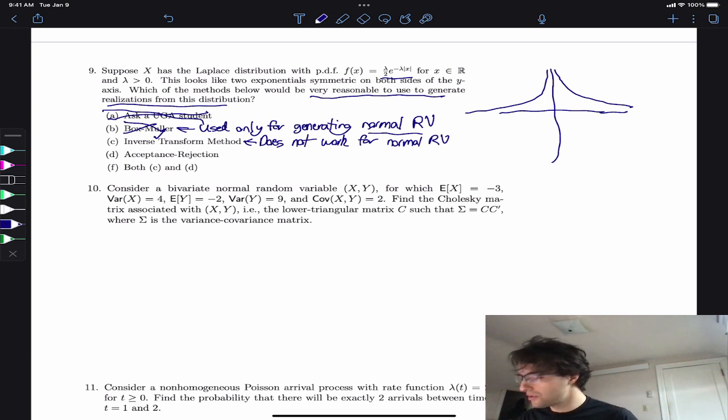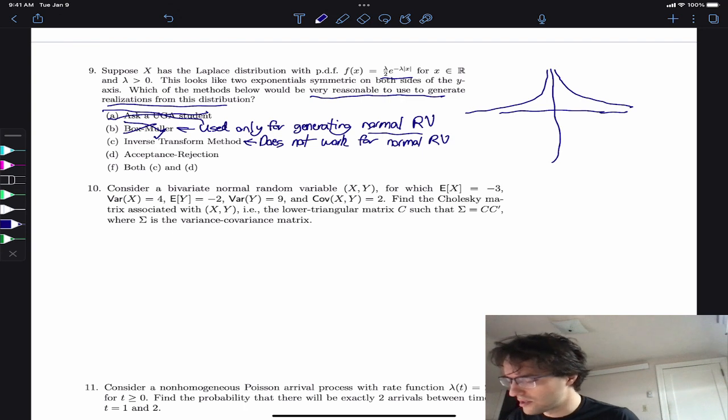You can also use acceptance rejection even if the PDF is pretty simple, and that works great as well. But it is definitely more widely used if the PDF is very, very complicated. In this case, the PDF is not very complicated, so that doesn't really affect us.